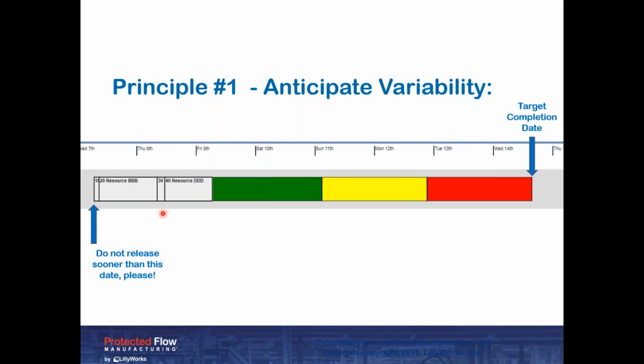Now, this is an objective point, and it's a really good time to start the job, right? So if we've agreed that the time protection here is going to make us comfortable that we can get these 4 operations done by the due date, then really why the need to send work and material out any sooner than this particular date, right?